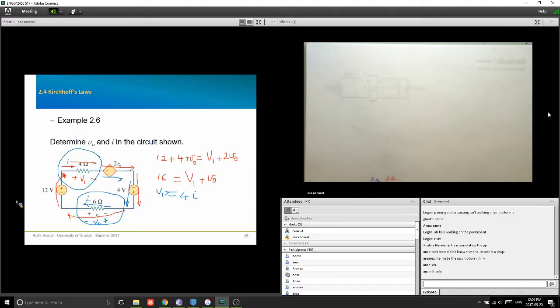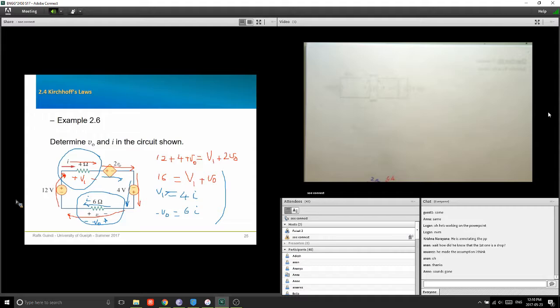Now I can write an Ohm's law here. I'm going to say that minus V0 equals 6I. Okay? Now look at these three equations. If you substitute, you remove V1 from the first line, you're going to have 4I.